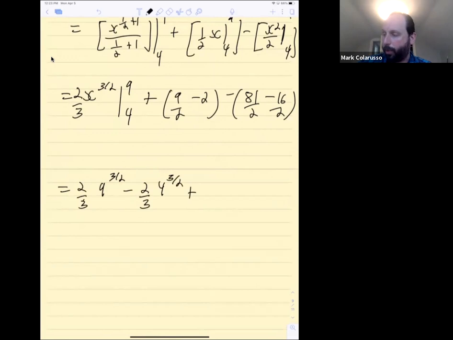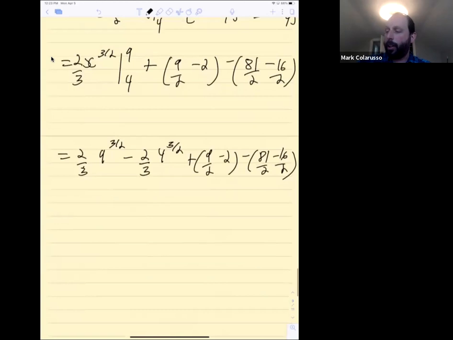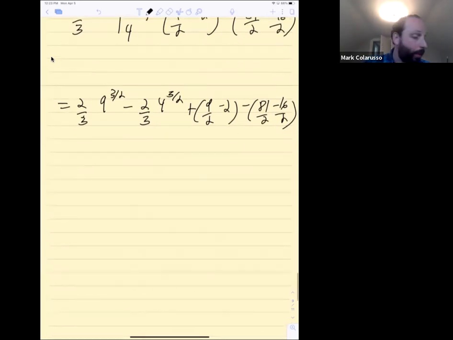You could at this point use a calculator if you want. You can evaluate these rational exponents by hand fairly easily in this case, but adding everything together and doing all the arithmetic is kind of tedious by hand. So I'll just tell you what you get.